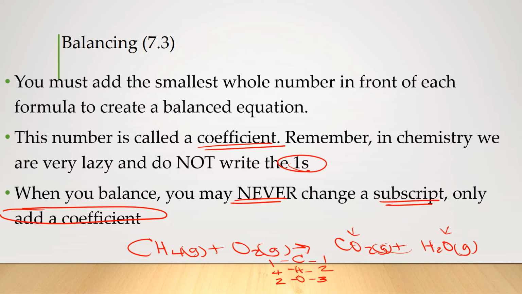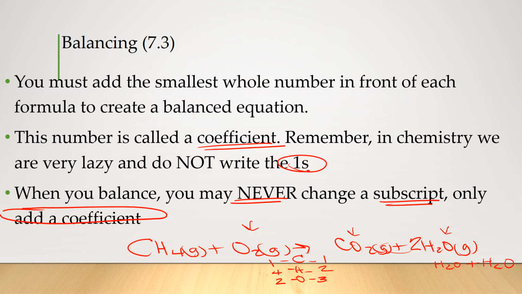Okay, the first thing that I am going to do, because I see that no matter what happens, I'm going to have an even number of oxygens on my reactant side, I'm going to put a 2 in front of my H2O. So what that means is I now have 2 water molecules.